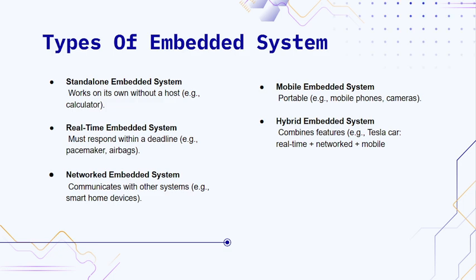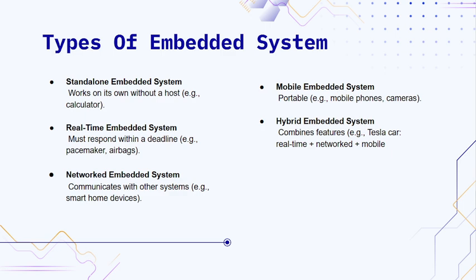Types of embedded systems. A standalone embedded system works on its own without a host. Real-time embedded systems are used where we have a strict time constraint, such as a pacemaker, because here we cannot neglect the time. It may result in a serious consequence.